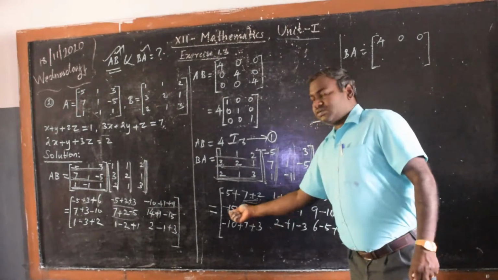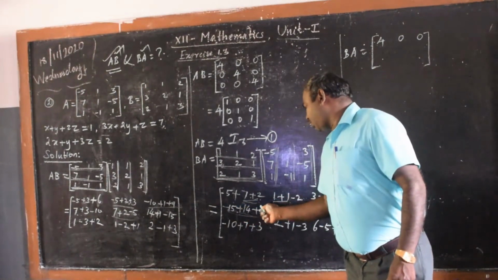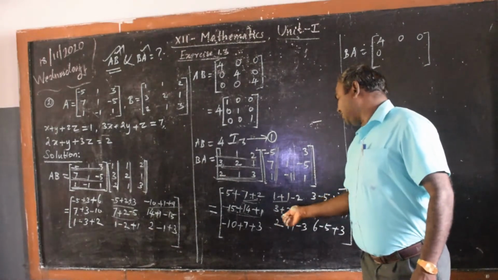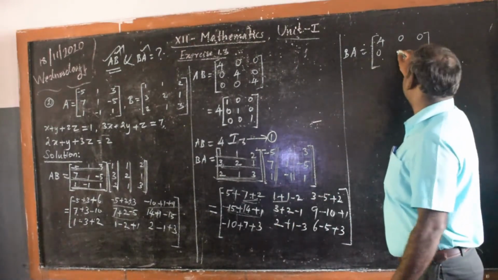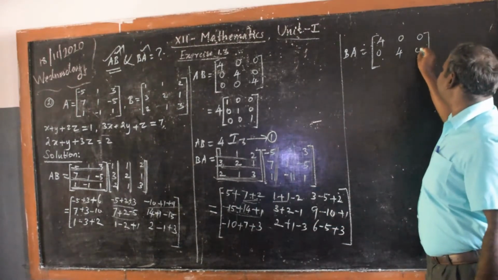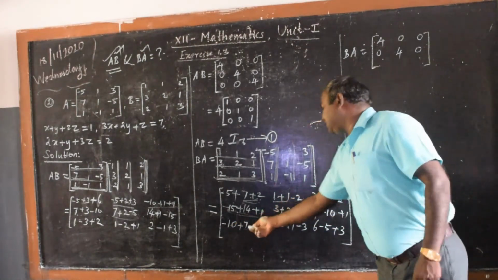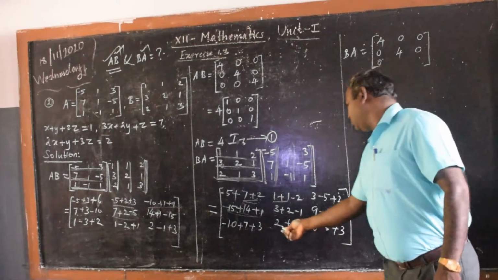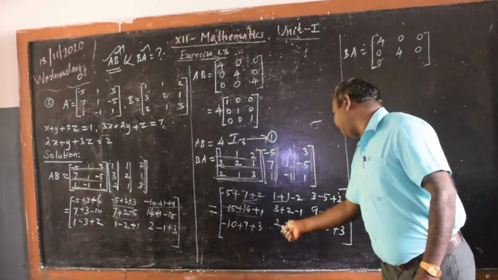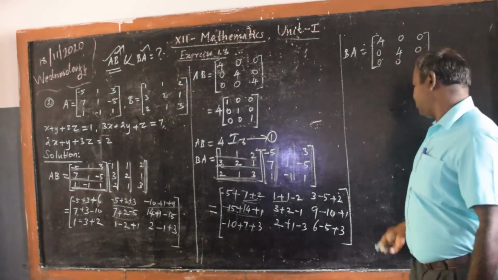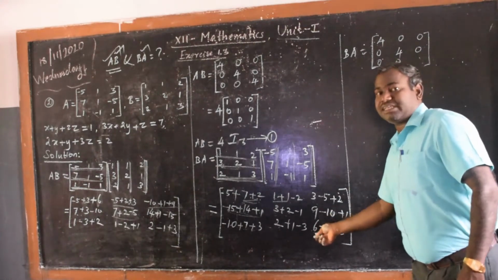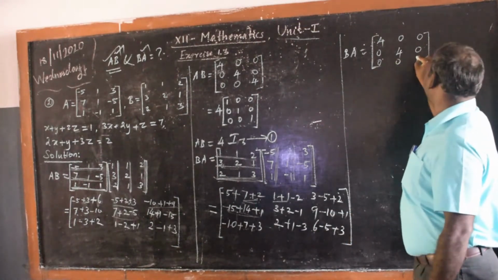Second row: 14 plus 1 is 15, 15 minus 15 is 0. 3 plus 2 is 5, 5 minus 1 is 4. 9 plus 1 is 10, 10 minus 10 is 0. Minus 10 plus 10 is 0. 2 plus 1 is 3, 3 minus 3 is 0. 6 plus 3 is 9, so 9 minus 5 is 4.